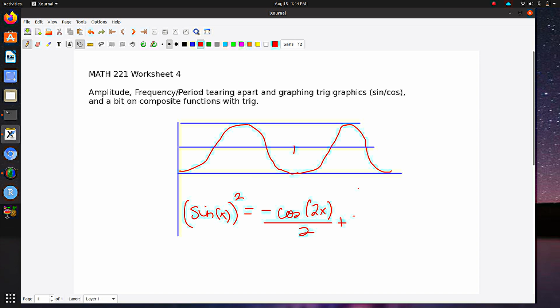Because if you divided it by 2 and then lifted it by a half, this is where you'd end up. And so you've actually just demonstrated, if you believe that by squaring sine you still get a sine or cosine curve back, you've just proven this identity that maybe you've had trouble memorizing in the past.